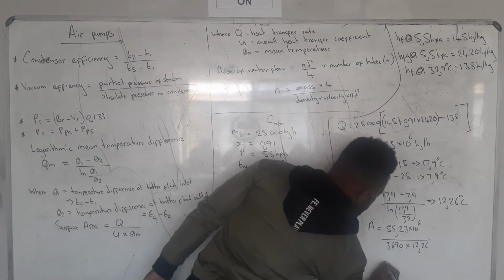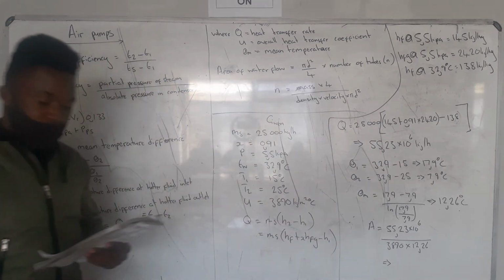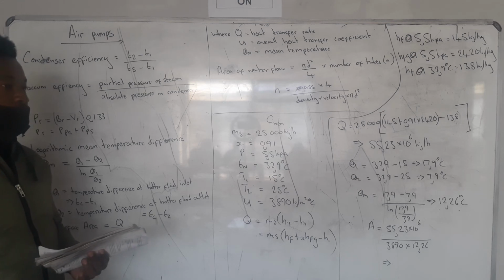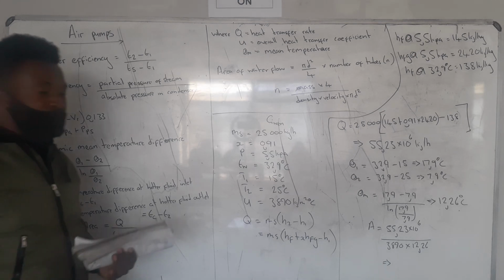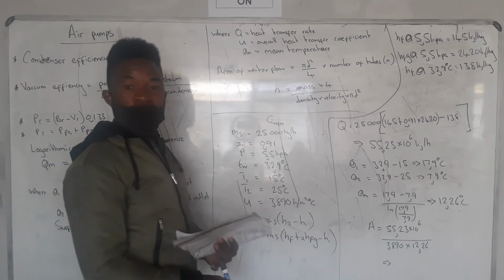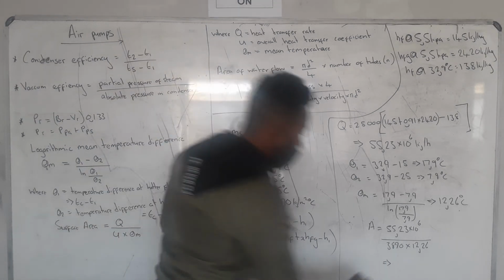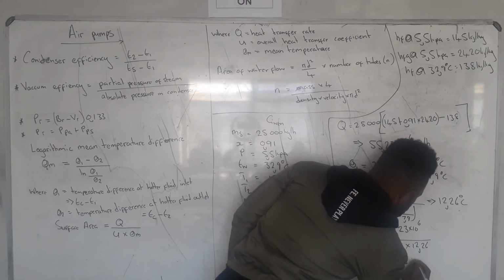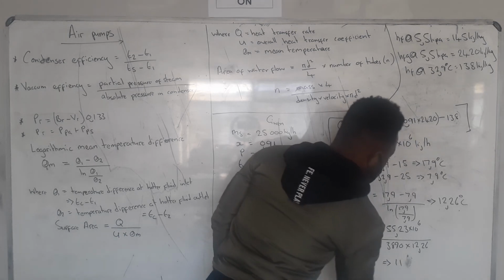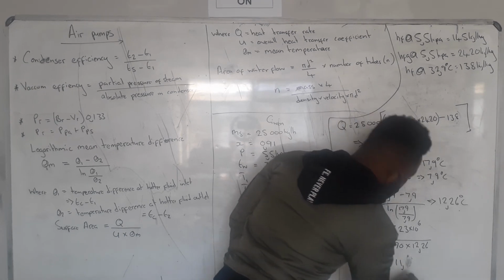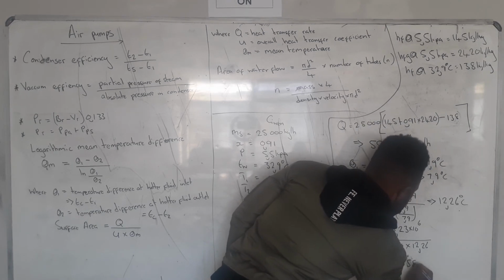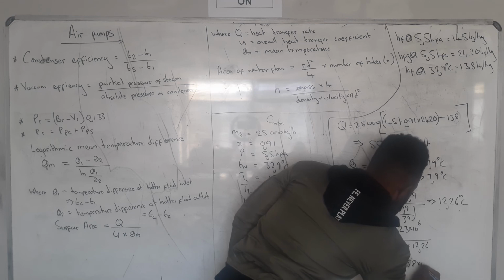Then you build your area. What are you getting? 1.158 times 10 to the power 3.